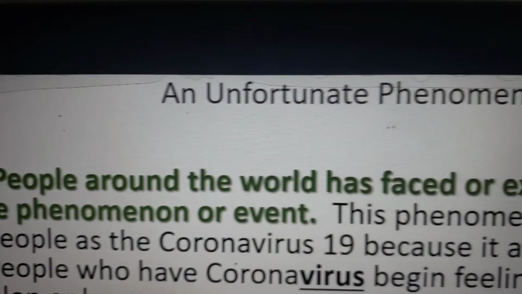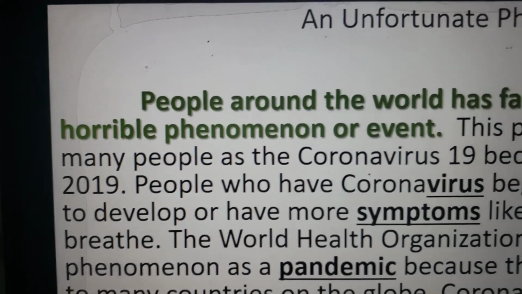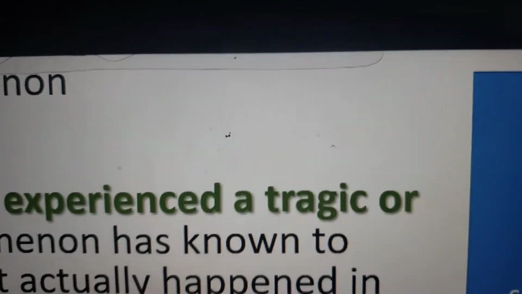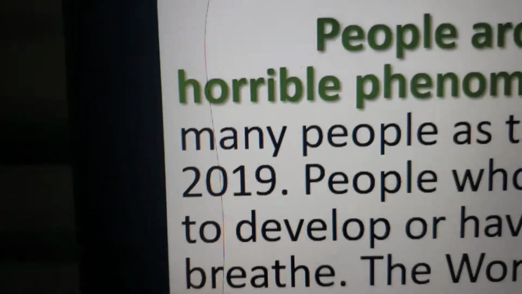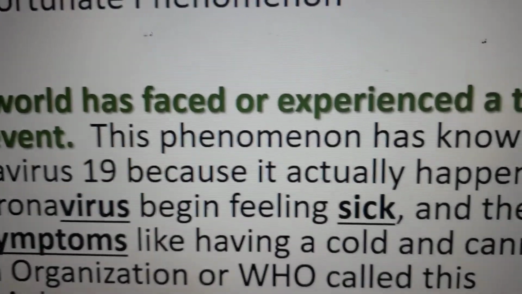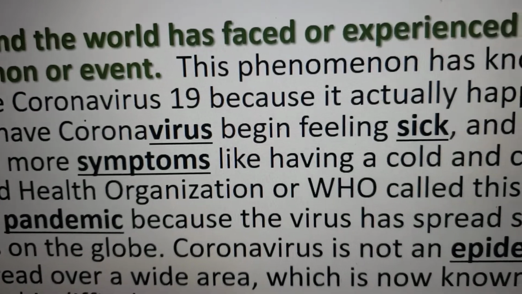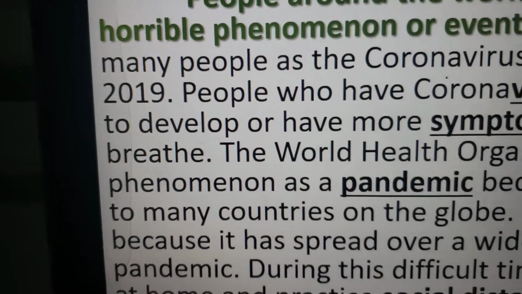People around the world have faced or experienced a tragic or horrible phenomenon or event. Remember, when something is tragic or when something is horrible, it means bad. This phenomenon is known to many people as the coronavirus 19 because it actually happened in 2019.